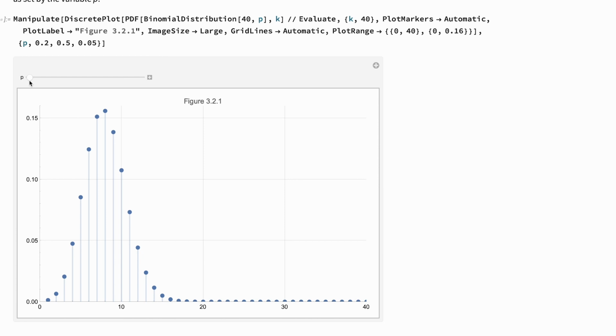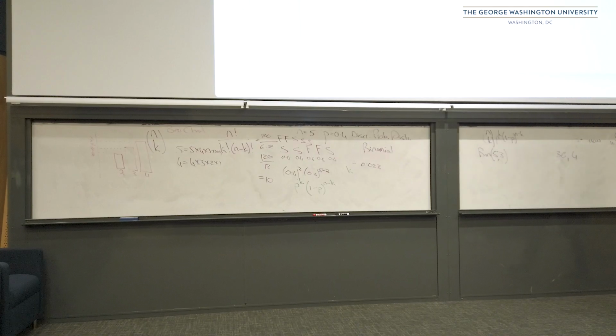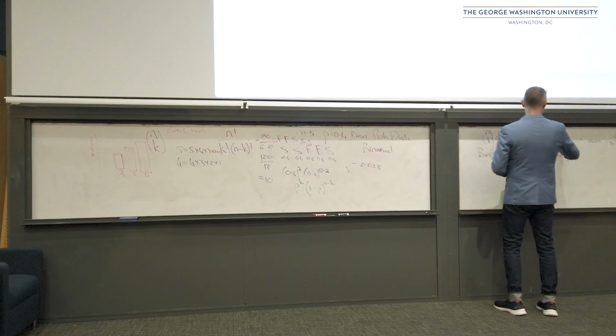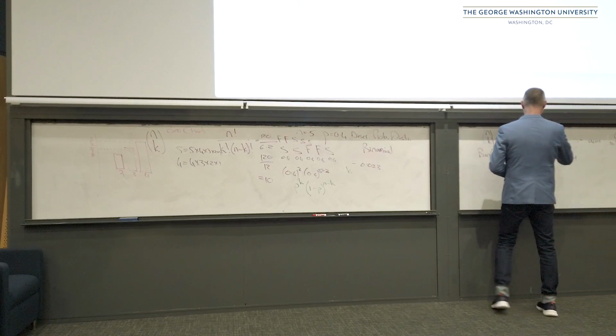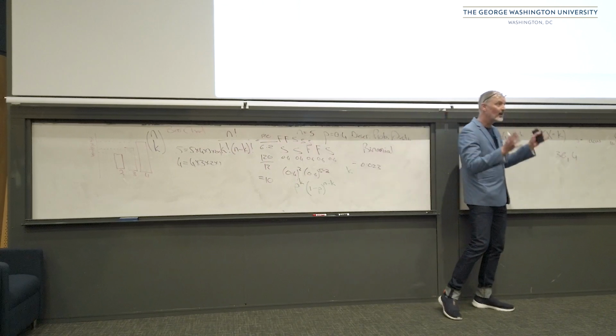So there's all my values from 0 to 40, and the heights of these is just the probability for that specific number k. Okay, the value that x can take. So by the way, here we'll just write the probability that x equals k. This is the probability mass function of this scenario.